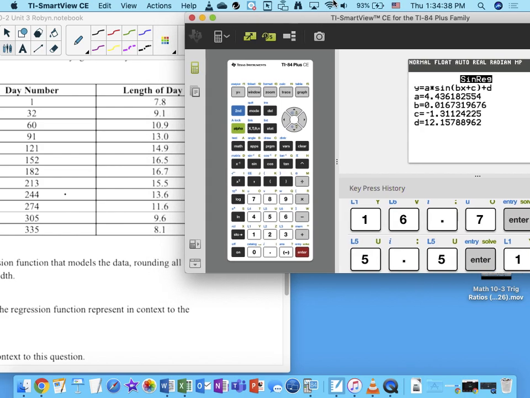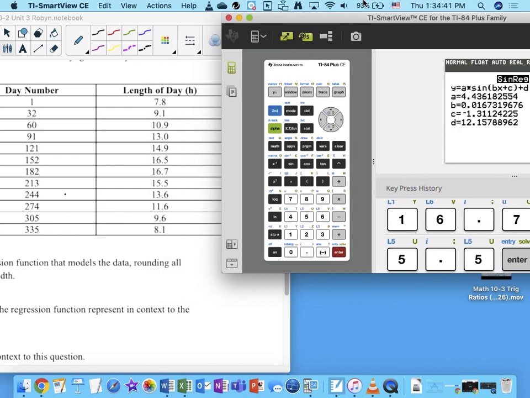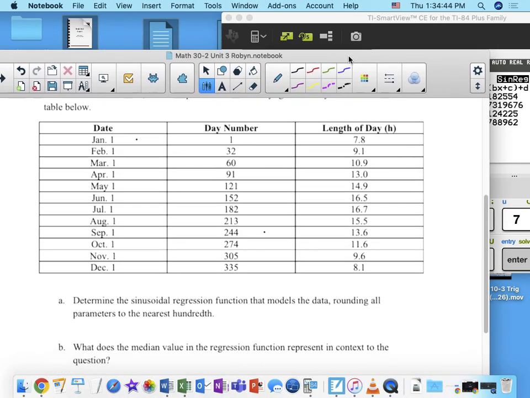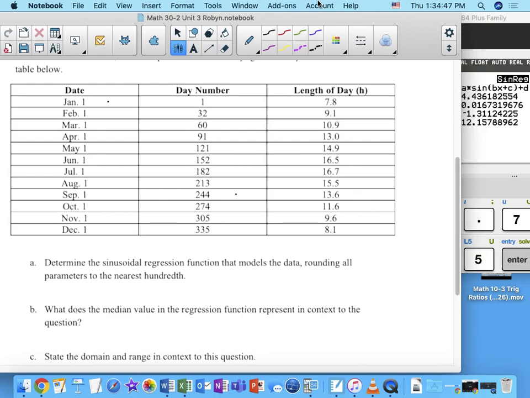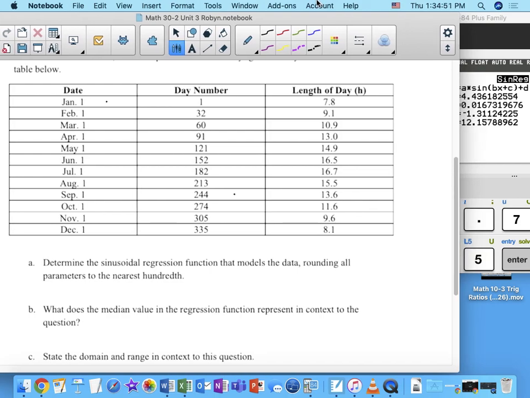What I want is this: y equals 4.44 sine of 0.02x, so b is 0.02 to the nearest hundredth, x plus c, so c is negative 1.31, so you can just go minus 1.31, plus d, which is 12.16.